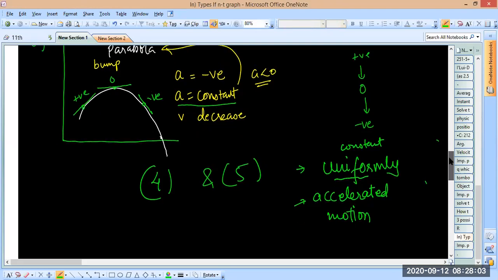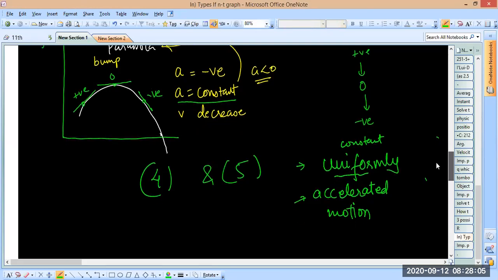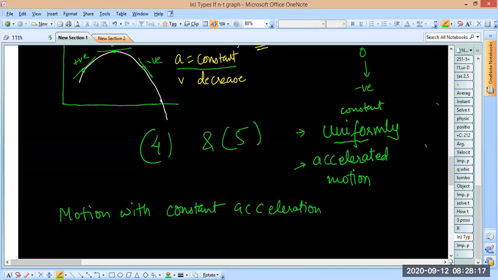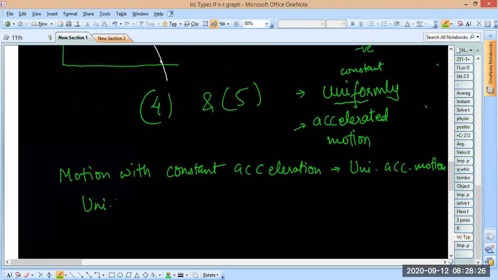Again, any motion with constant acceleration is called uniformly accelerated motion. A word of warning: uniformly accelerated motion is not uniform motion.